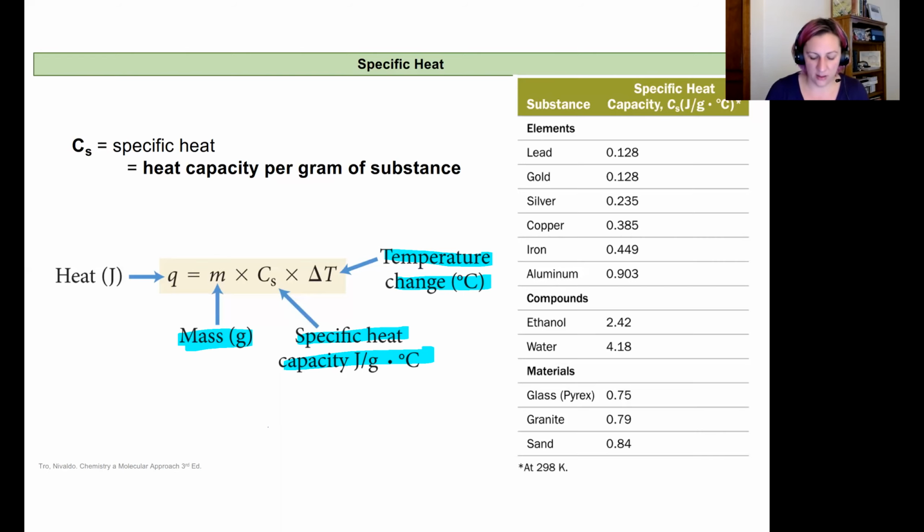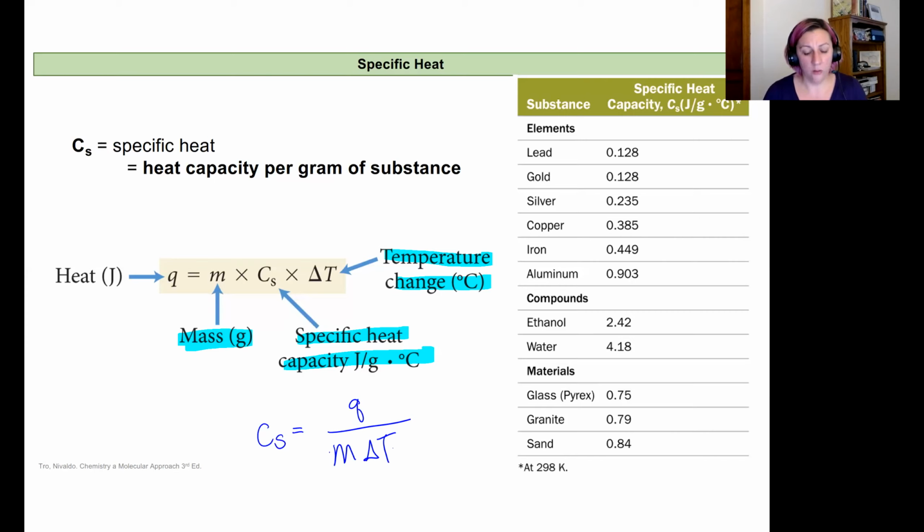You'll sometimes see it written instead by defining heat capacity or specific heat capacity as equal to the heat that transfers into or out of the system divided by the mass of the system and the temperature change for the system as this process takes place.